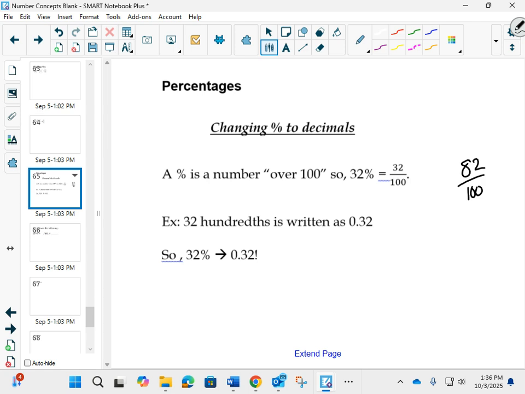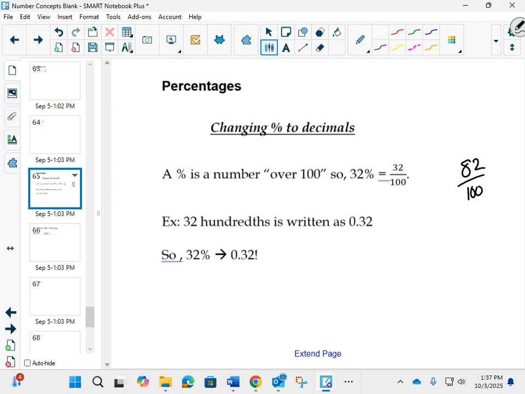32%, let's hope you don't get that on your quiz. 82% sounds better than 32%, right? Then that would be 32 out of 100. So a percentage is a number out of 100. And if we change something from a percentage to a fraction, remember that when it's over 100, that is 0.32.